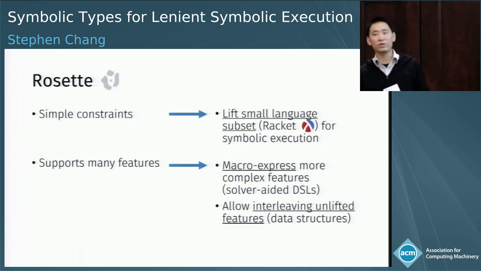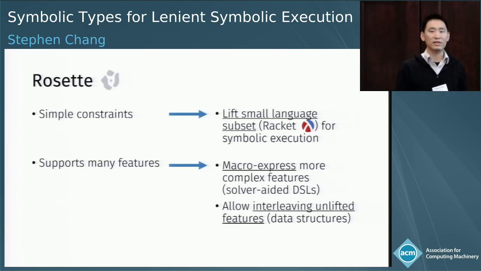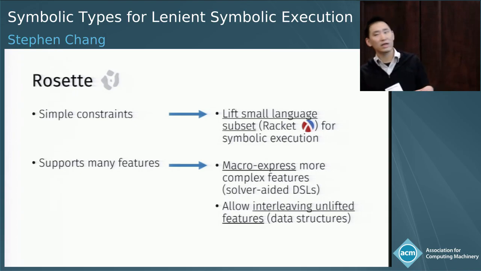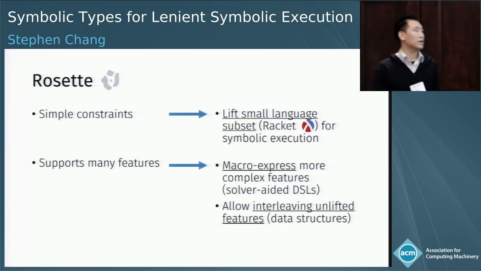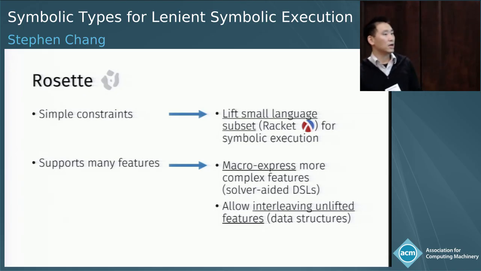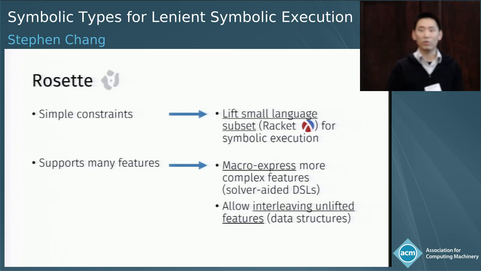And so Rosette programmers frequently use it as a framework in which to build solver-aided DSLs. And the second thing that Rosette allows is that programmers can combine unlifted code with their symbolic code. And so programmers can actually use all of Racket with the Rosette language.